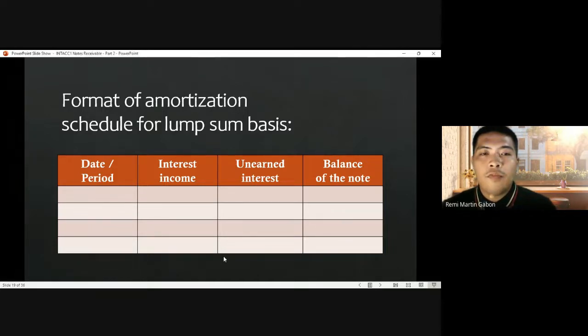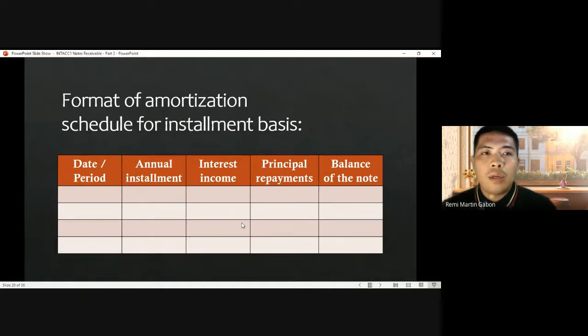The next for installment basis. For installment basis, we have a column for annual installment. We also have a column for principal repayments. Yung lacking lang na column is on interest receivable, because interest receivable is the column for the amount of accrued interest.